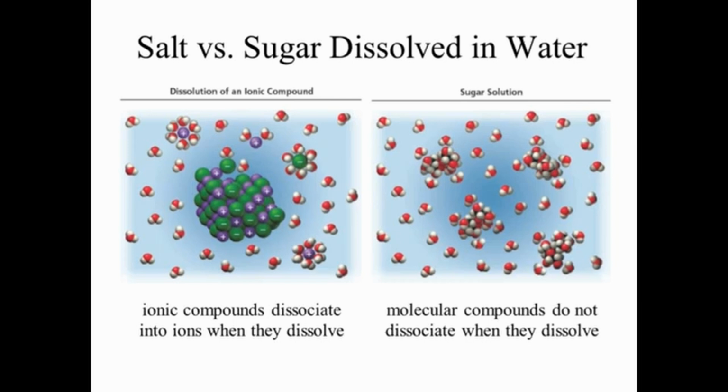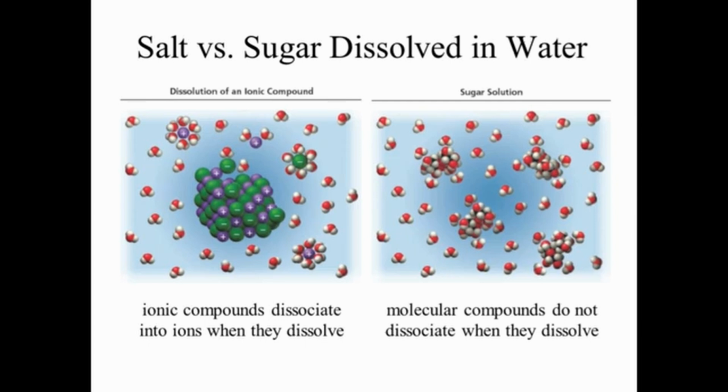Because it is a molecular compound, it does not dissociate when it dissolves. For salt, because it is an ionic compound, it dissociates into ions. Hence, it can conduct electricity. Sugar, when dissolved in water, because it is a molecular, covalent compound, does not dissociate into ions. Hence, it cannot conduct electricity.